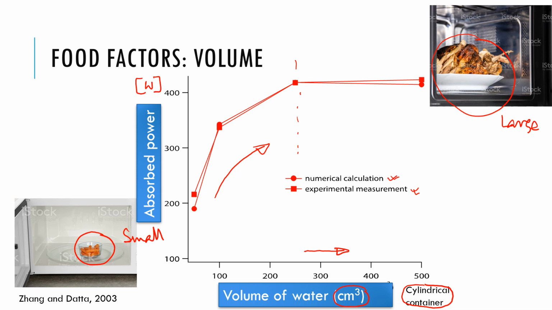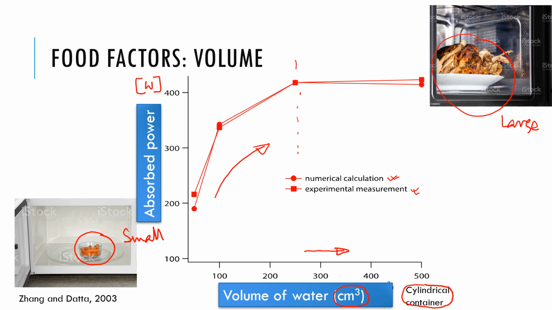Now suppose I want to think of a food absorbed per unit surface area. So of course, as the volume increases, the power absorption increases, but as the volume increases, then the surface area also increases. So what does it look like for power per unit surface area?